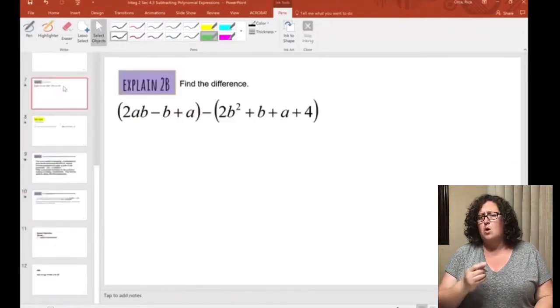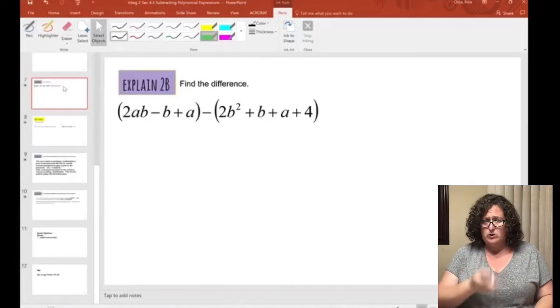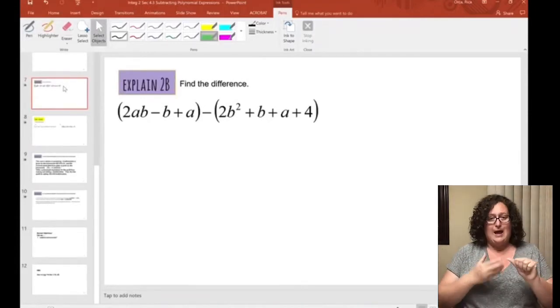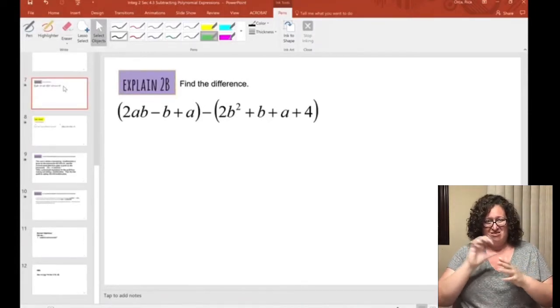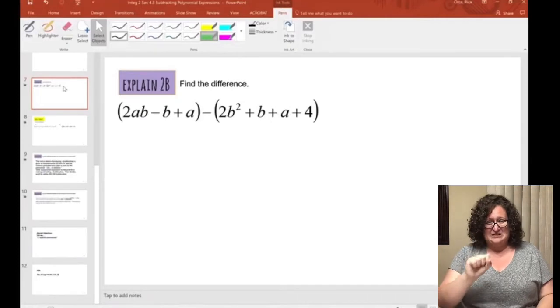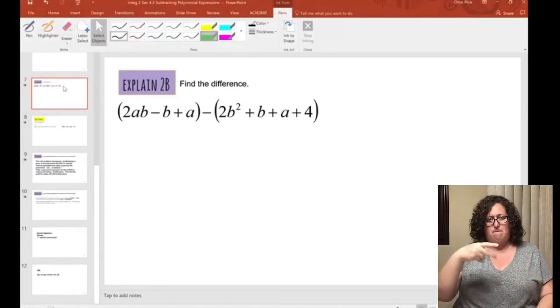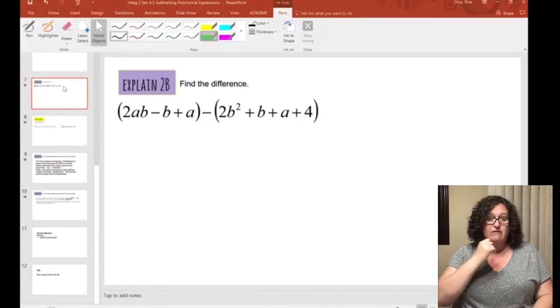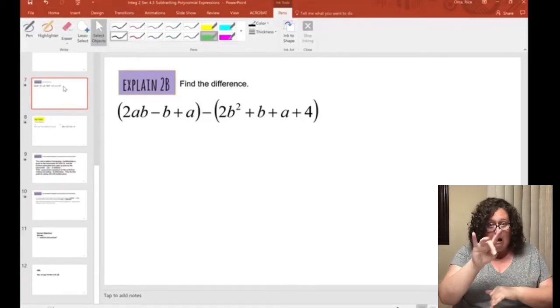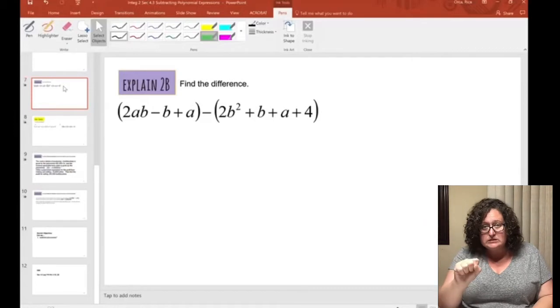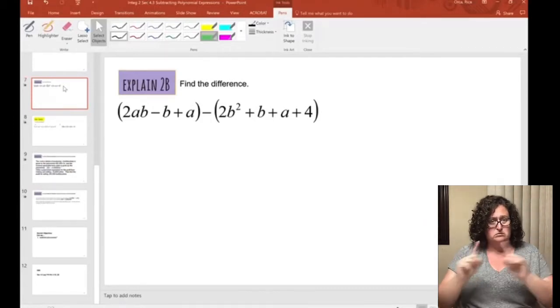So in this problem, we have two variables, a and b, and we want to find the difference between our two polynomials. If it didn't tell us to find the difference, we would have to look between the two parentheses to figure out what to do.